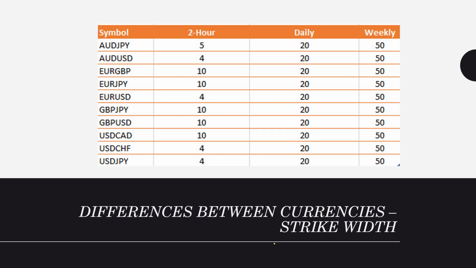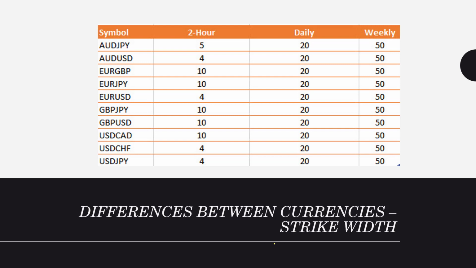The other thing to note is your strike width. This makes a difference, especially if you're using out-of-the-money binaries. On the 2-hour binaries, the Aussie yen has a strike width of 5 pips. The Aussie dollar is 4. The Euro British pound is a 10 pip strike width. The Euro yen, British pound dollar, British pound yen, and USD CAD are all 10 pips.